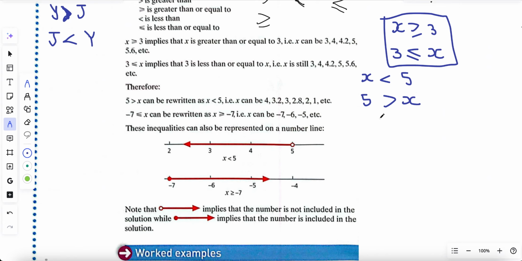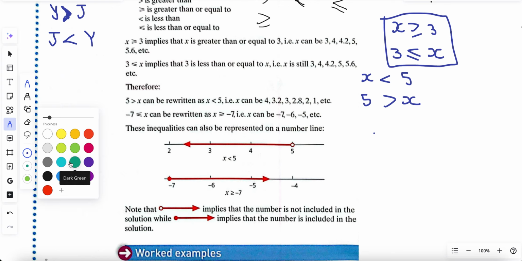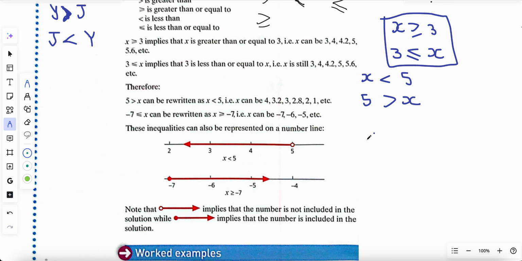Now these things can be shown in a number line, for example. If we draw a number line, let's say we have 0 here, 0, 1, 2, 3, 4, 5.